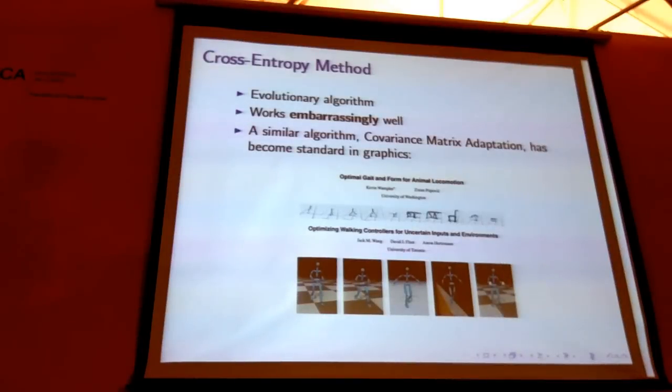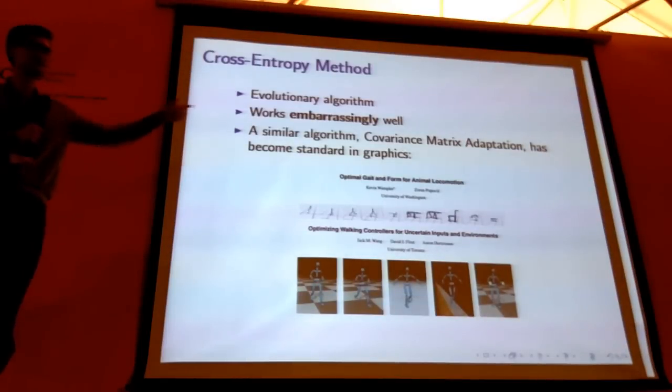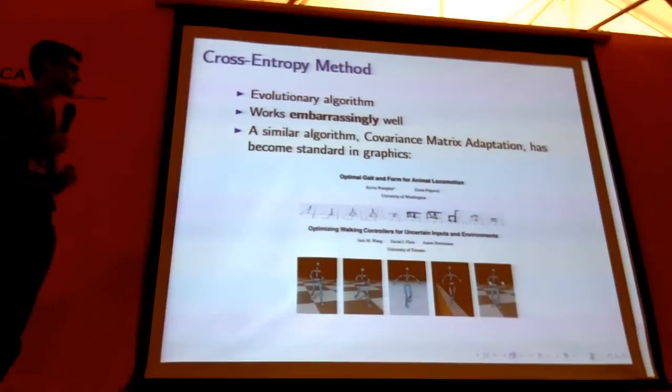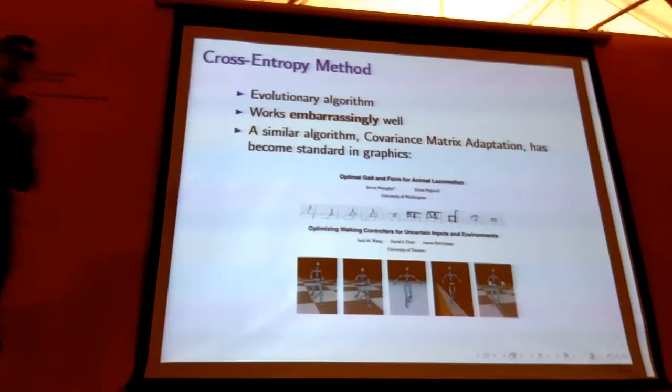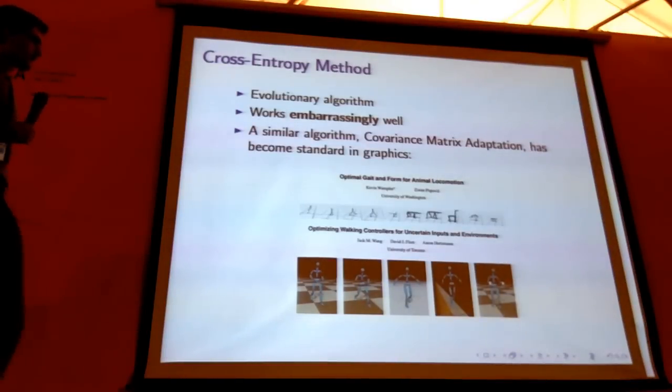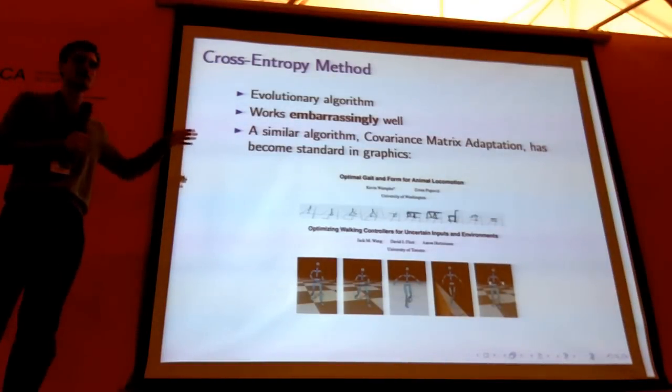Also in terms of working embarrassingly well, there's another very closely related algorithm called covariance matrix adaptation, which is basically the cross-entropy method souped up in a few heuristic ways that make it work a little better on certain problems. This is actually very popular in graphics.